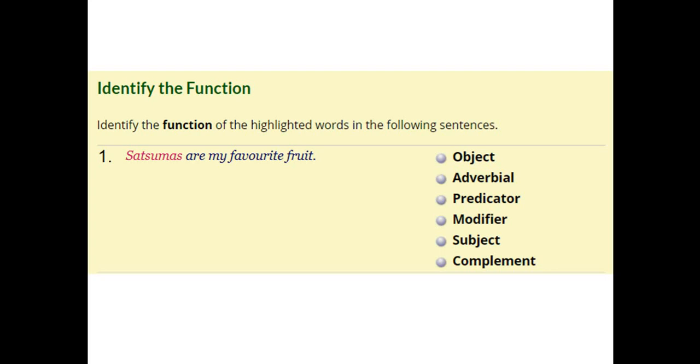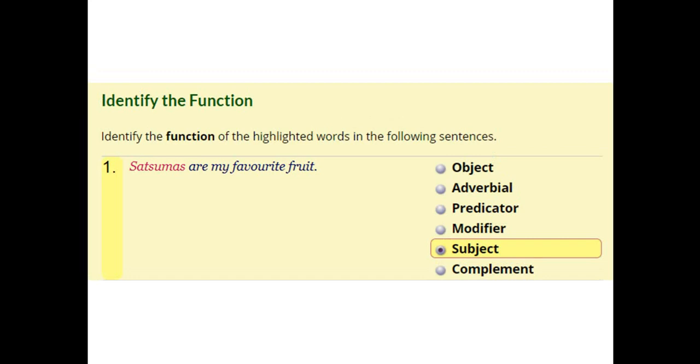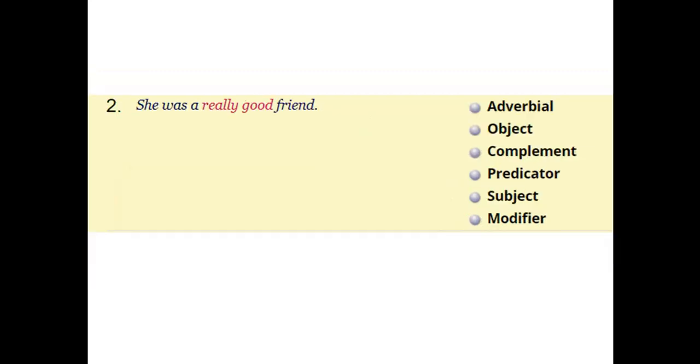What is the function of the highlighted word satsumas? Object, adverbial, predicator, modifier, subject, complement. As you guess, this is the subject. You're right.